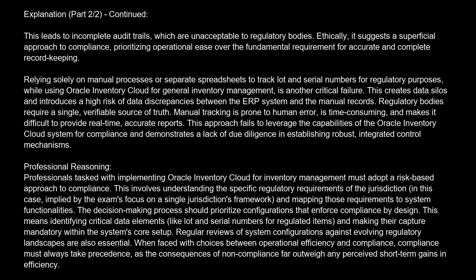Regulatory bodies require a single, verifiable source of truth. Manual tracking is prone to human error, is time-consuming, and makes it difficult to provide real-time, accurate reports. This approach fails to leverage the capabilities of the Oracle Inventory Cloud system for compliance and demonstrates a lack of due diligence in establishing robust, integrated control mechanisms.